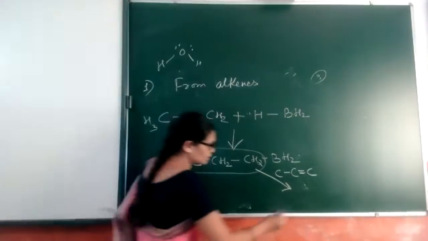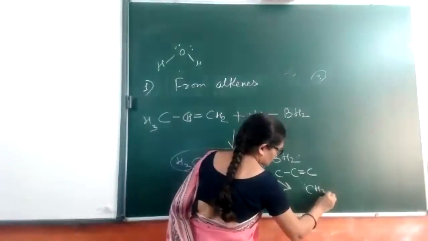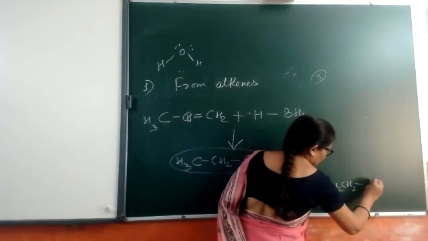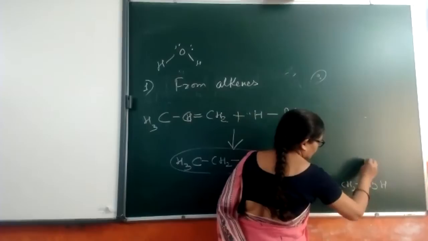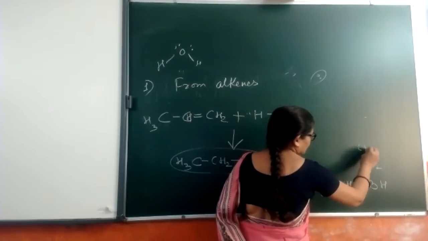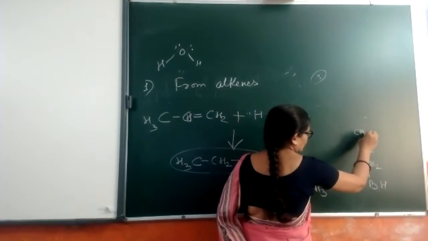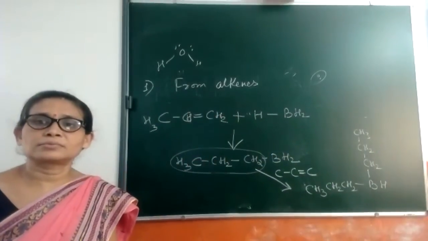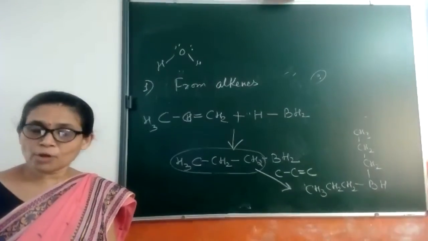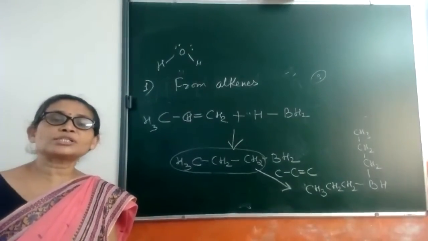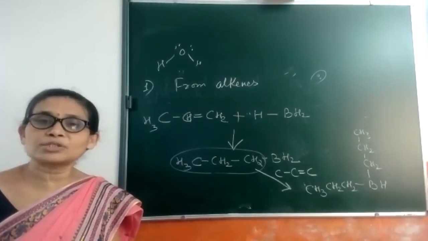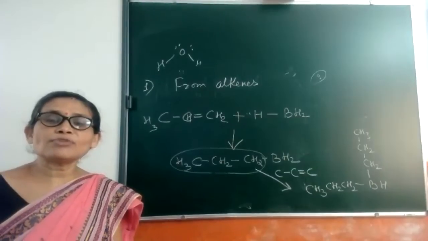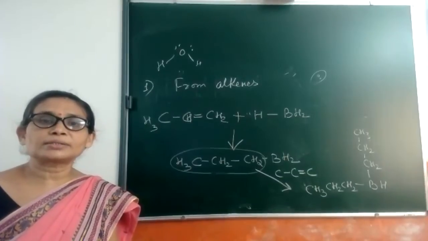So we will get this compound. Now with B, only one hydrogen is remaining. From borane, actually, all the three hydrogens we are replacing with the alkyl group. That's all what we are doing. Now with B, one more hydrogen is remaining.